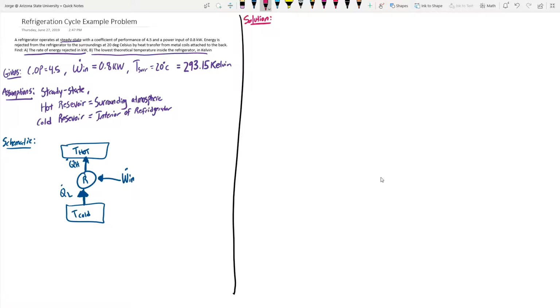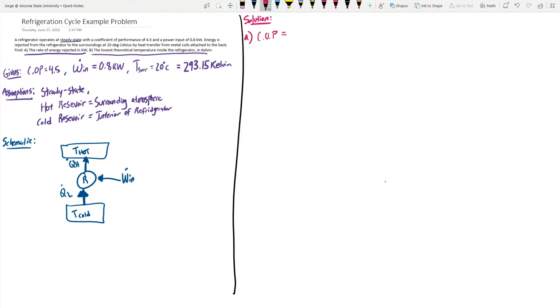To start off, since we're given the coefficient of performance of a refrigerator, let's write the equation for that down. COP in general is just our desired output as our numerator divided by the work in.